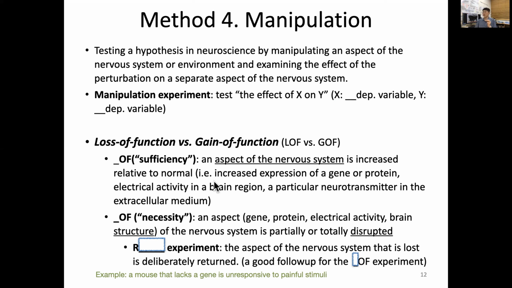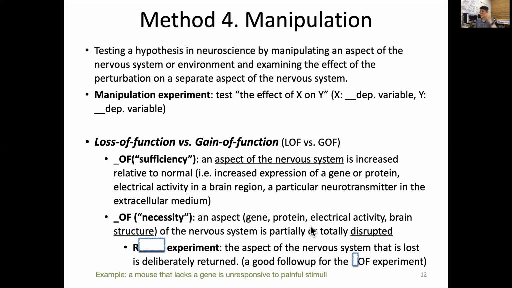But on the other hand, those aspects of the nervous system are partially or totally disrupted. Let's say increase versus disrupted or lowered, and we want to see the output change. And that we call loss of function.